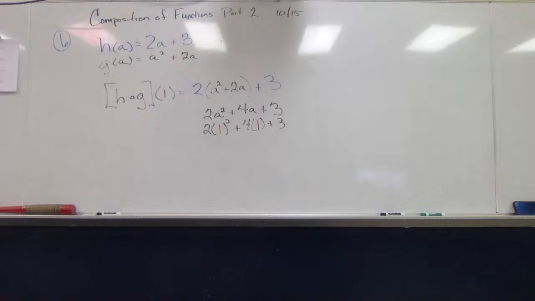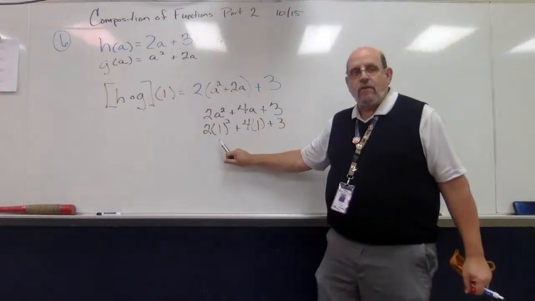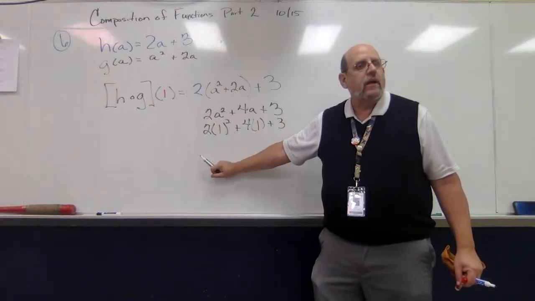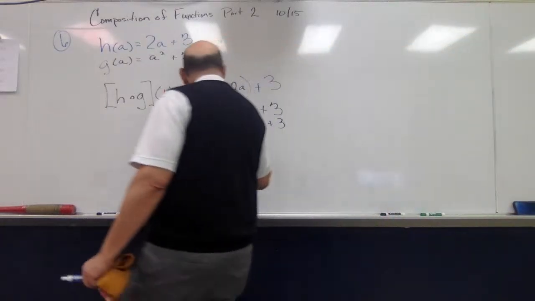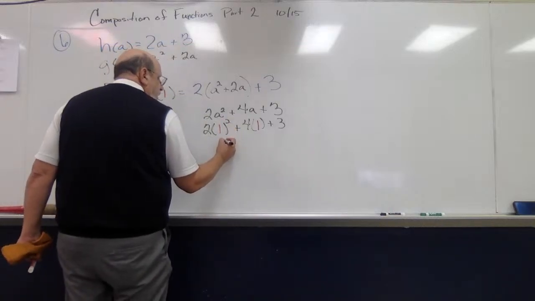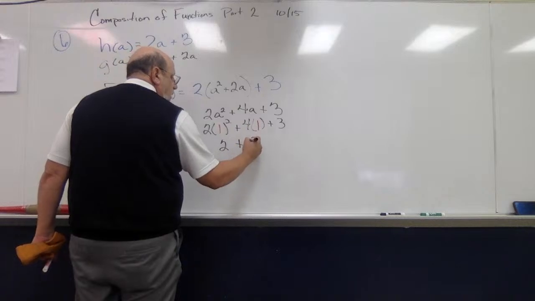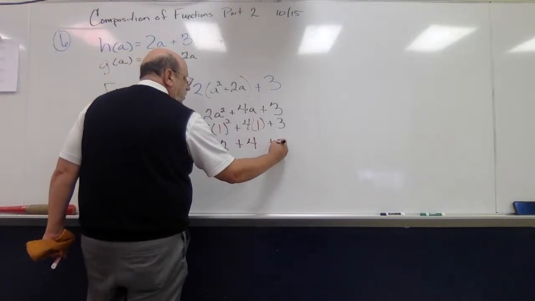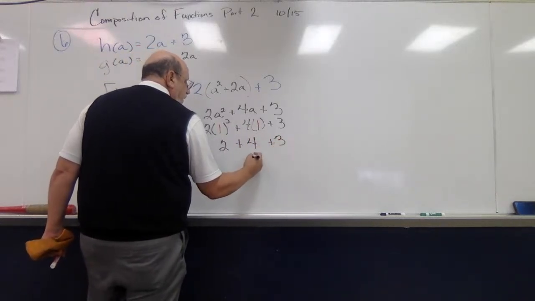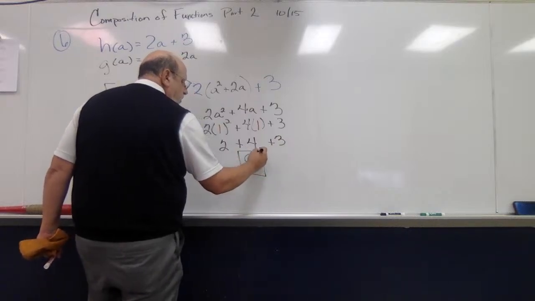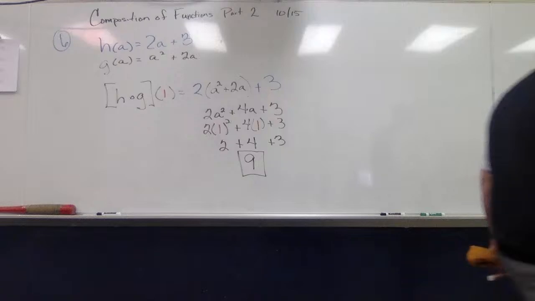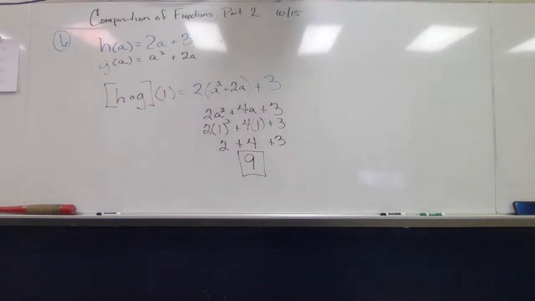That's where we're going. So what do we do? Order of operations says square it first, then multiply. So 1 squared is 1, times 2 is 2. 1 times 4 is 4, plus 3. I know what I did wrong. You multiply it before you use the squared, right? Yep.